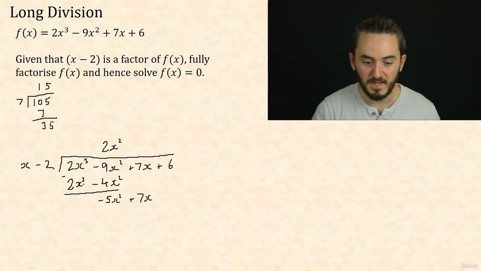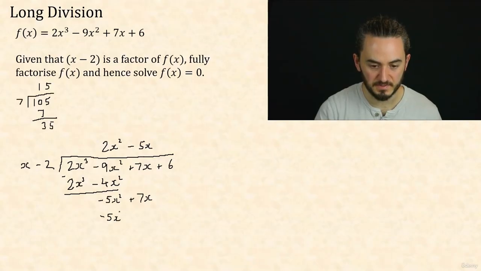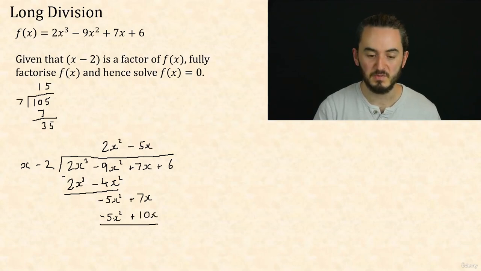What do I need to multiply x by to get minus 5x squared? It's minus 5x. So multiply minus 5x by x and I get minus 5x squared. And minus 5x times minus 2 is 10x. Do a subtraction again. Minus 5x squared minus minus 5x squared is 0, that's the point.